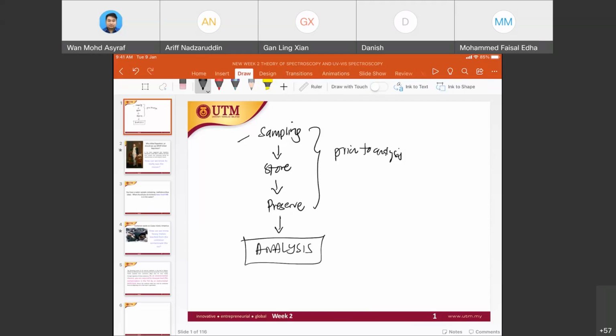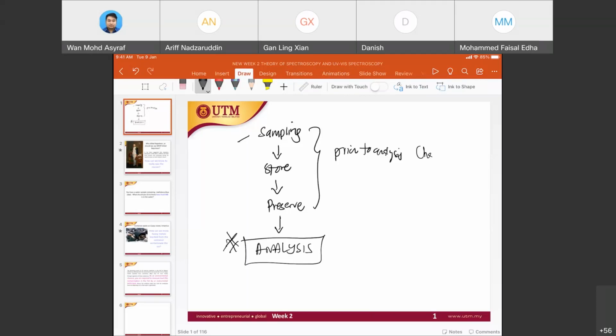Tapi kalau you nak sample, you nak try to identify heavy metal, so what kind of analysis should we do? Okay, so selepas ini memang kita fokus kepada analysis part. Kita nak tahu the principles and how are we going to do it, how are we going to prepare the samples for analysis.